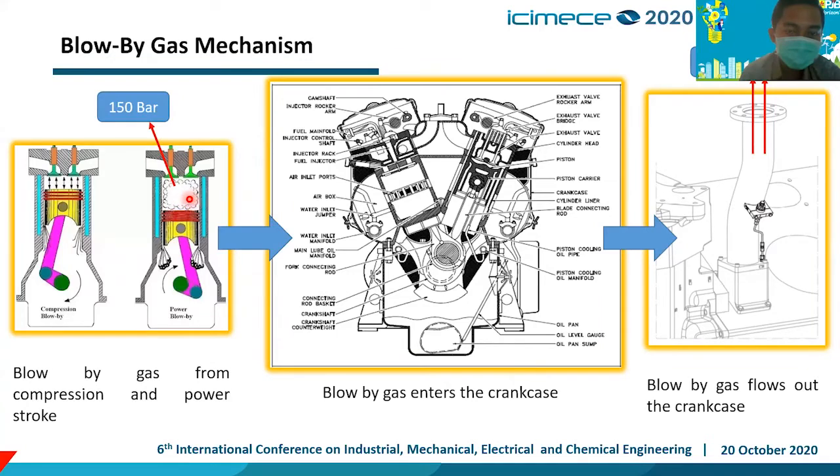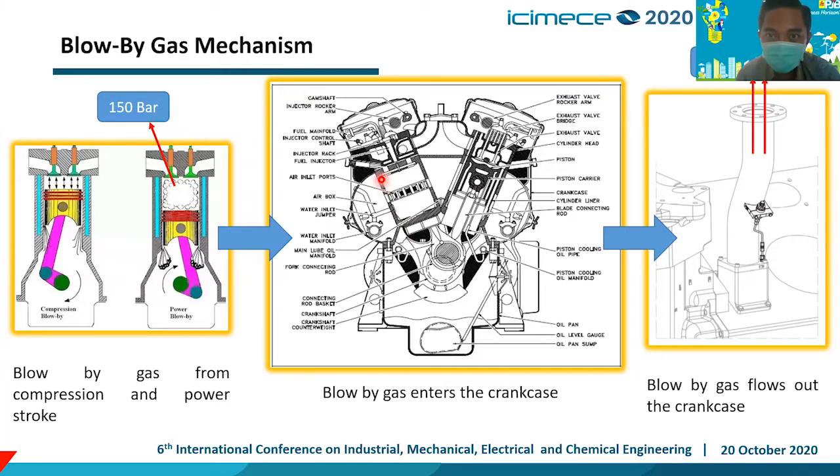As you can see here, the combustion chamber produces pressure up to 150 bar, and the blow-by gas will come in through the piston ring and piston into the crankcase here. This is the image of the engine.